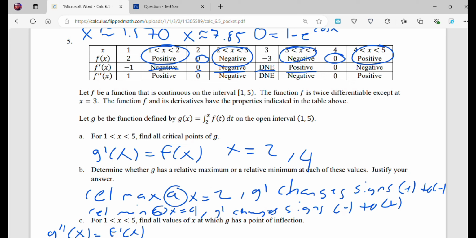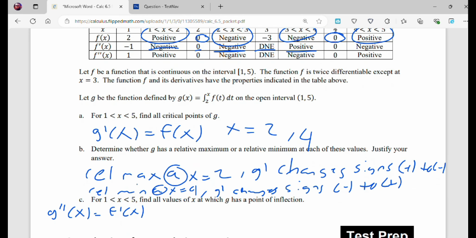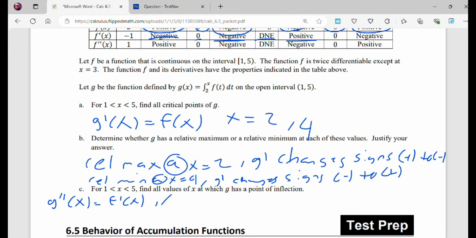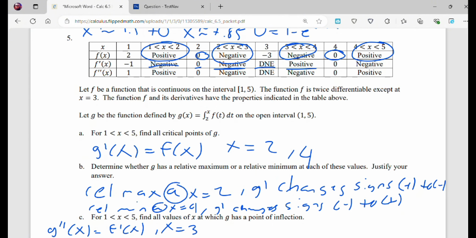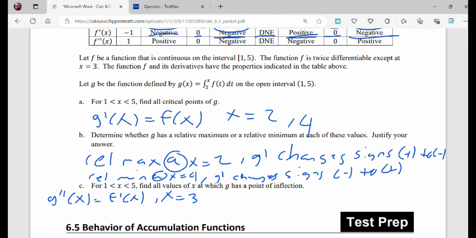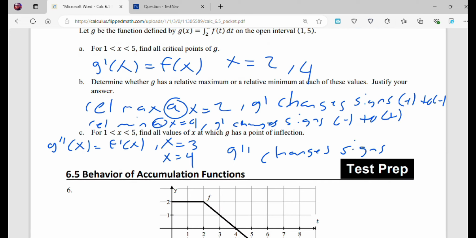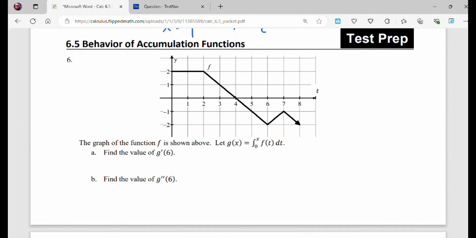Positive, we do see a change in signs. So x equals 3. And then right here, positive 0, negative, we see another change in signs. So x equals 3 and x equals 4. G double prime changes signs. Okay, almost done here.